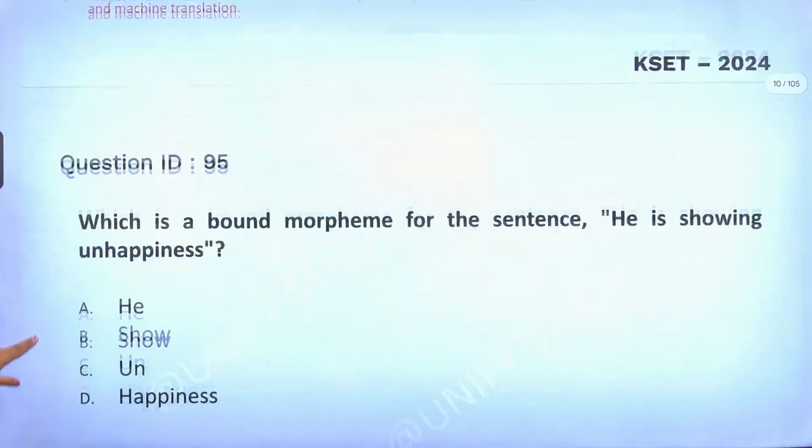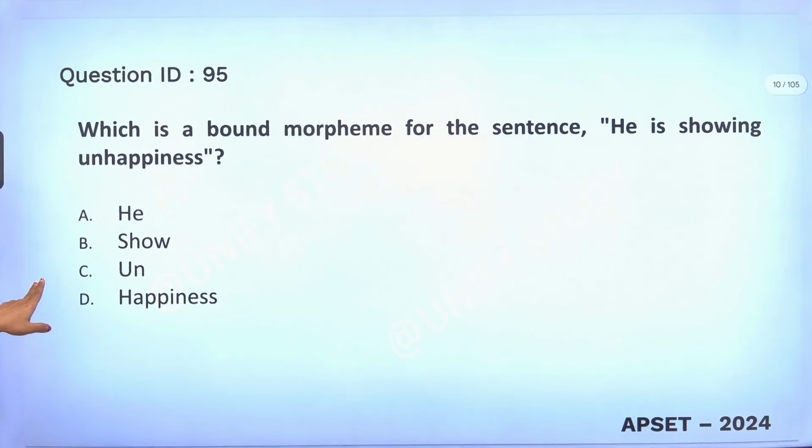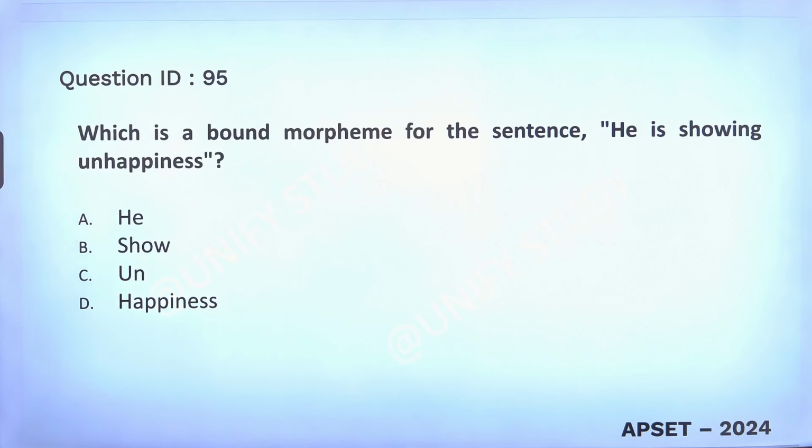Now next one. Bound morpheme. Which is a bound morpheme in the sentence?